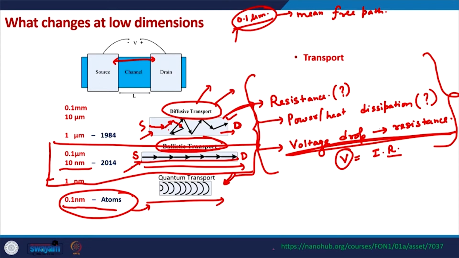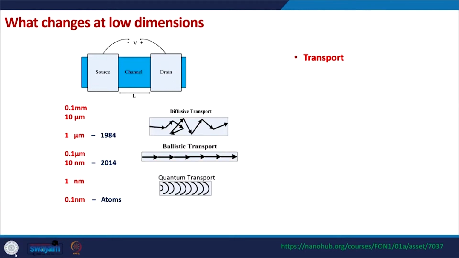And with this, you might have by now guessed that this is also putting a fundamental limitation on scaling, or on Moore's law, because according to Moore's law, the number of transistors per unit chip should double every around 2 years.